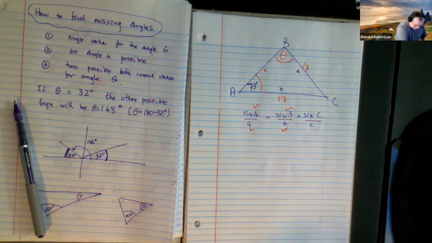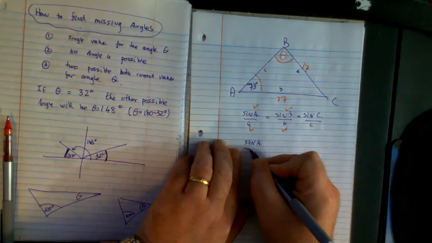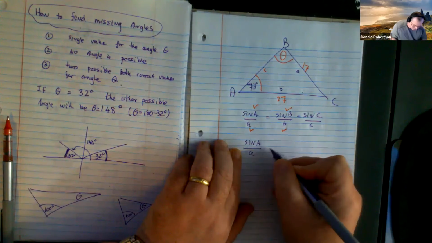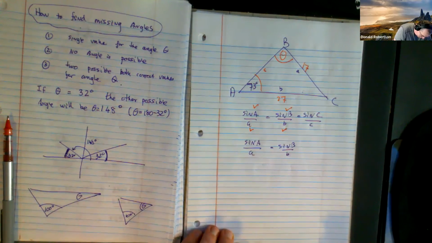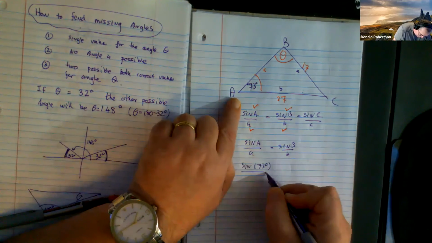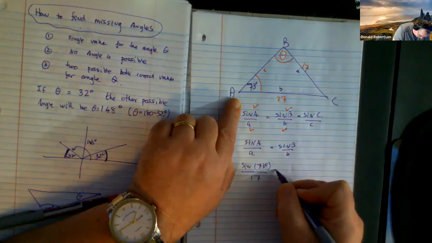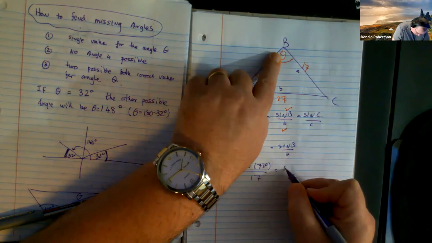Now, since I'm going to use these two, I'll write them down again. Wouldn't the next step be to put the numbers in? So let's do that. It's going to be the sine of 73 degrees over 17 equals the sine of theta over 27.